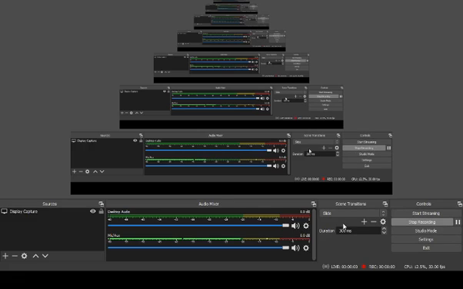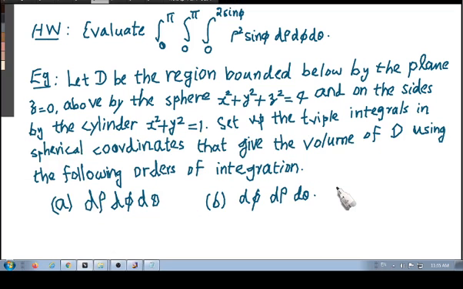Hello students, we will do one more example and I will give you a problem for homework also, on triple integrals in spherical coordinates. First, take the homework: evaluate the triple integral from 0 to pi, 0 to 2 sine phi, rho square sine phi d rho d phi d theta.